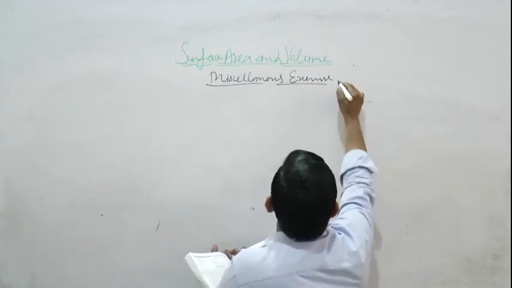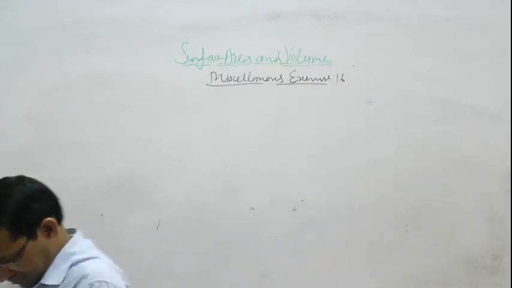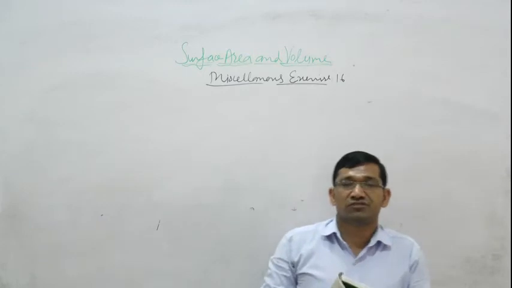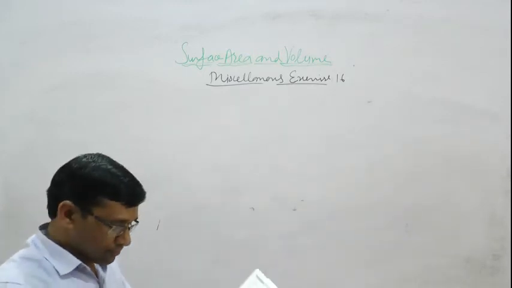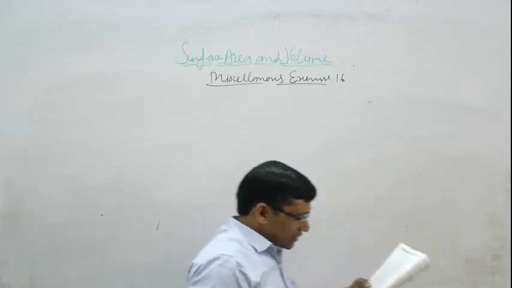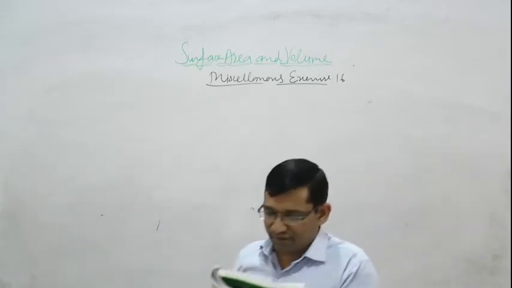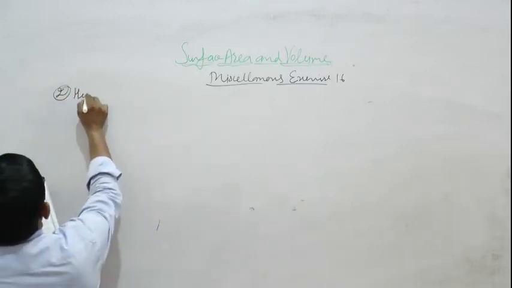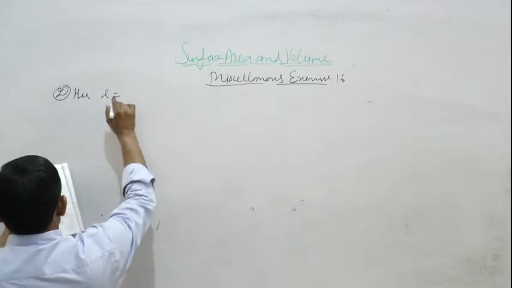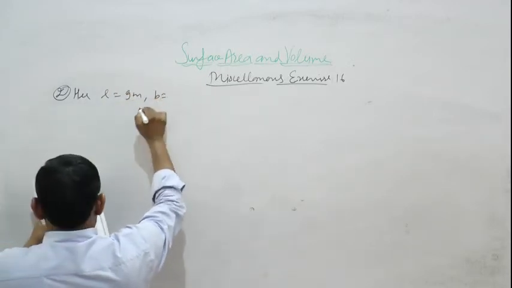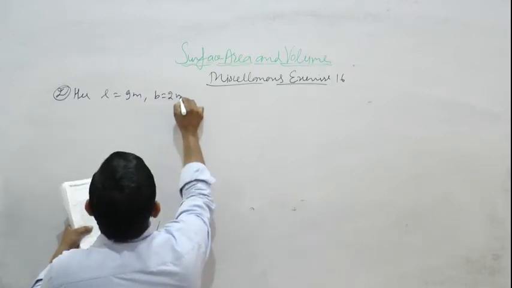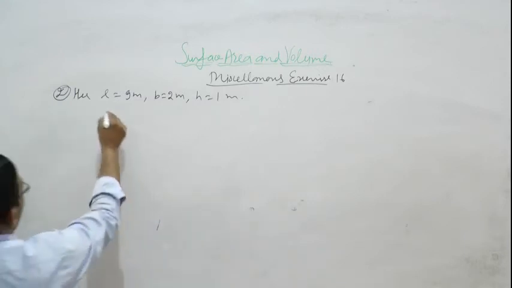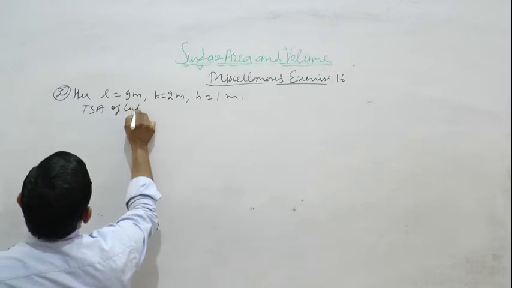Exercise 16. In this exercise, students asked about question number 2, which has one printing mistake. The length, breadth and height of a cuboid are 9 meter, 2 meter and 1 meter respectively. We want to find the total surface area of the cuboid.